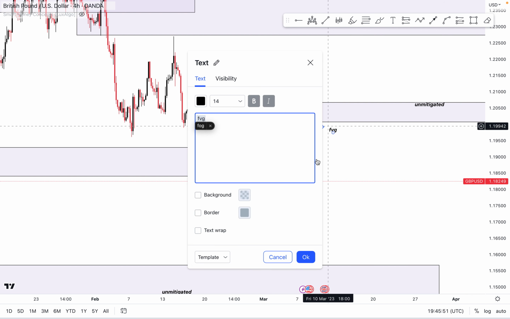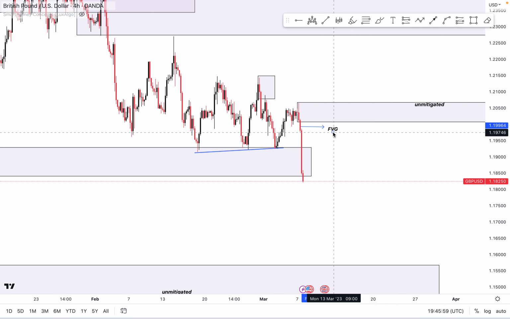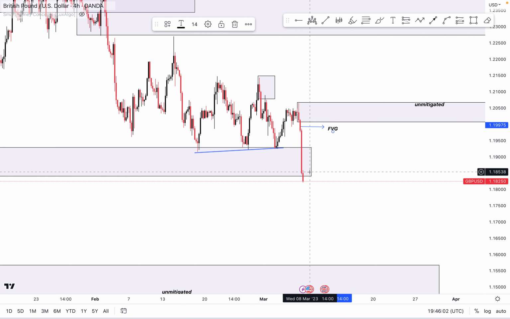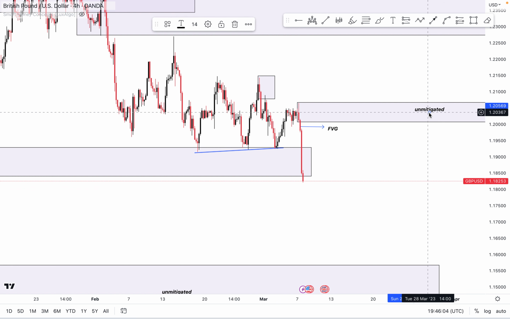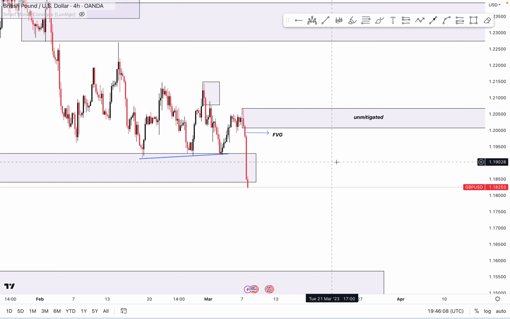Price needs to come and fill that zone before dropping to the downside. If price should form another structure without tapping into a zone, it will still be called unmitigated. So unmitigated areas always attract price to themselves.